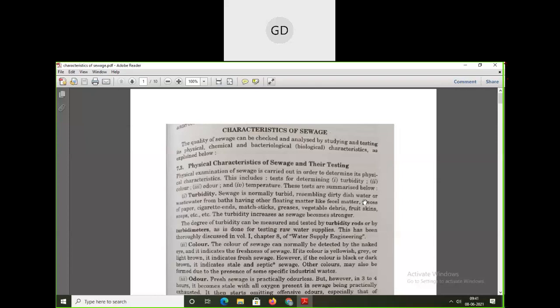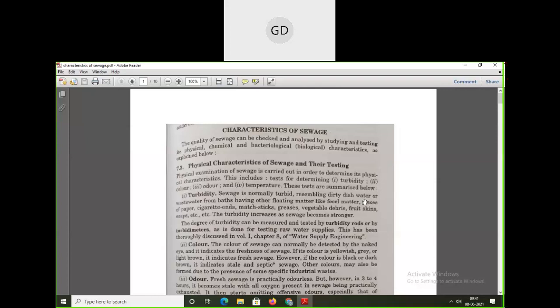Also, if you treat this water, you can use it for different purposes, like farming. Multiple purposes are there for using this treated water, though not for drinking.